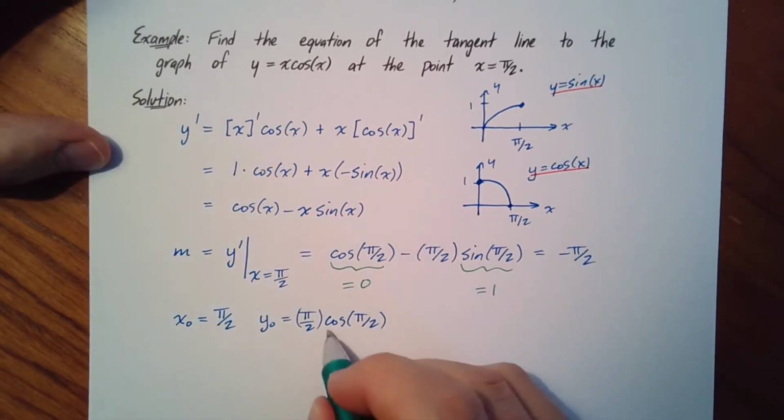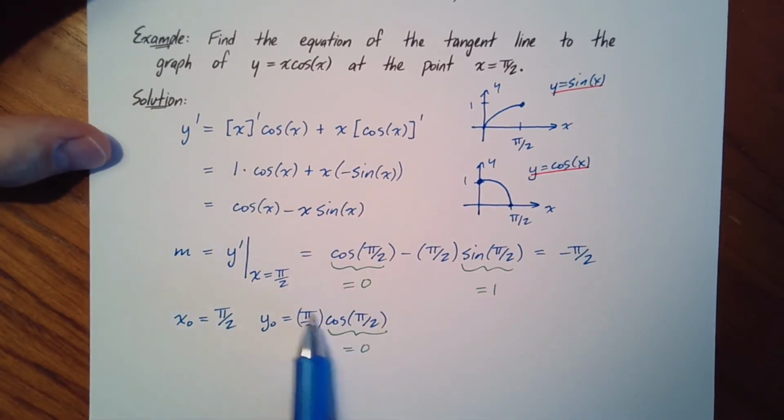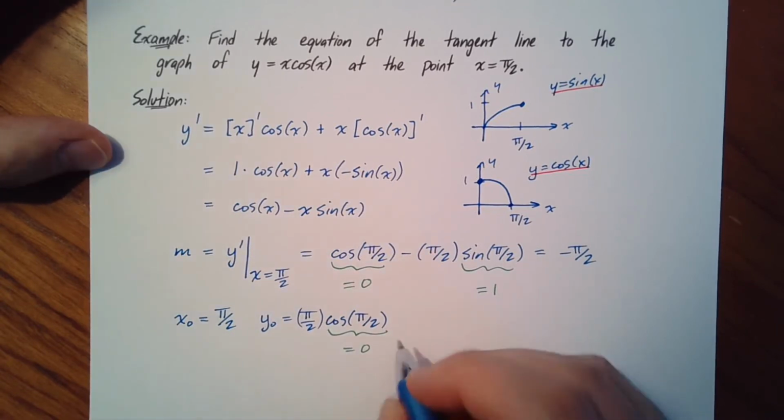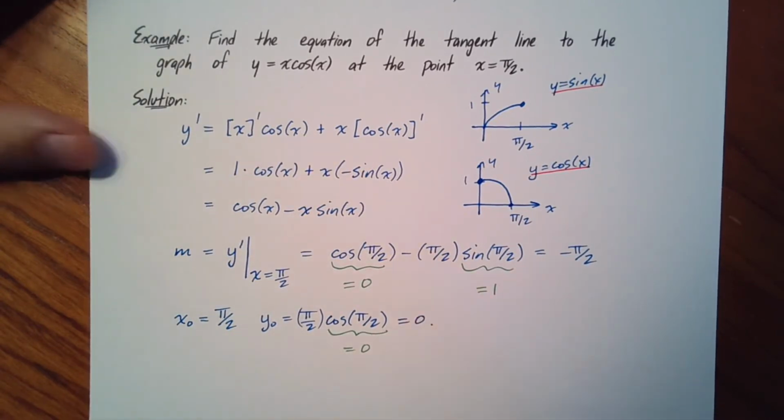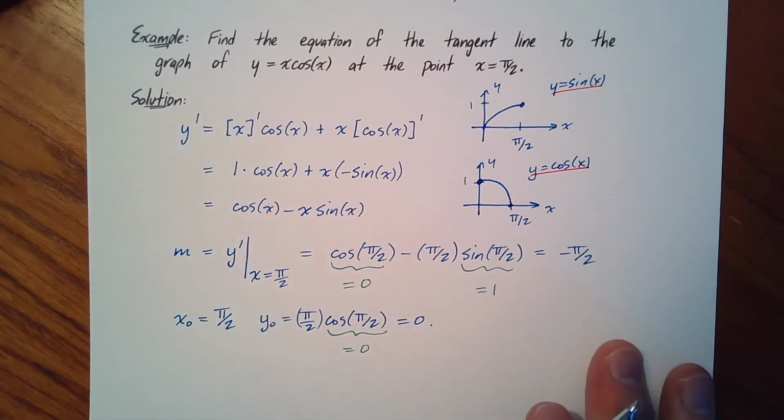And again, we actually just talked about this. Cosine of pi over 2 is equal to 0. So it doesn't matter if you multiply it by pi over 2, it's still going to be 0. So our y naught, for the purposes of the point slope formula, is equal to 0 and our x naught is equal to pi over 2, and that's all we need now to finish this.